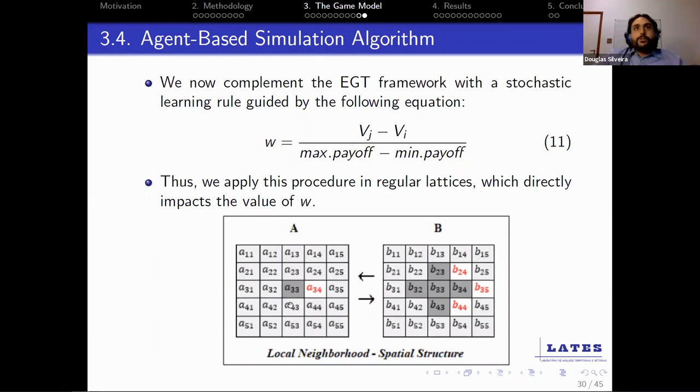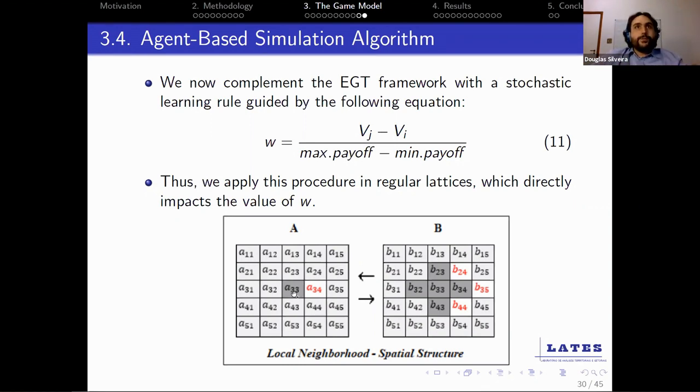And so we will allocate in each cell of this regular lattice structure a firm with a given strategy. So let's say that at the beginning, I choose at random this cell A33, which is a firm in population A. So this is a population of firms that is situated in the European Union countries and is evaluating whether to migrate to the UK.